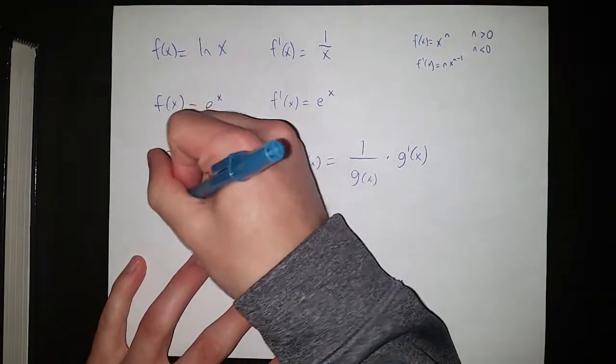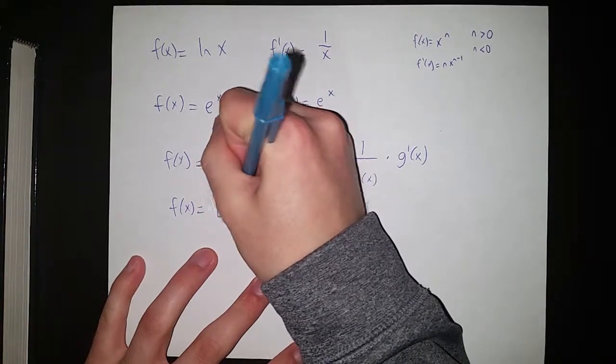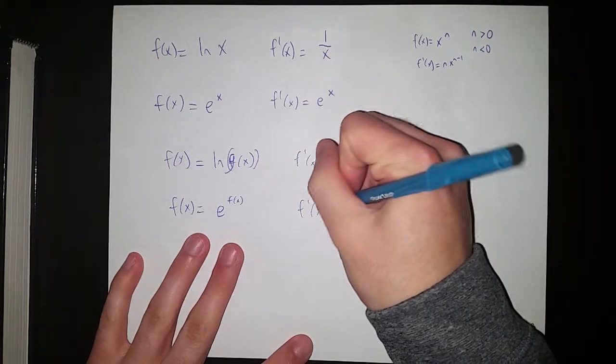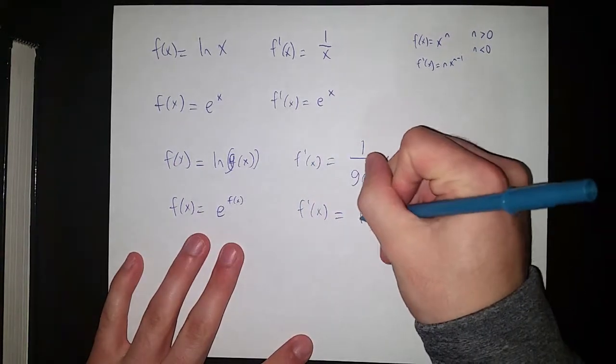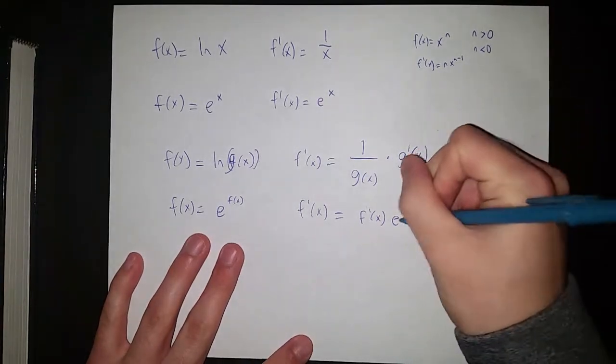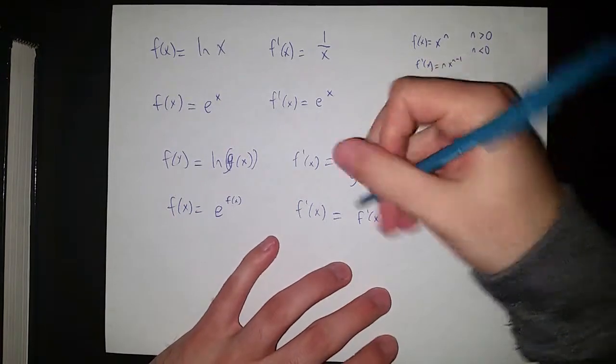And then if f of x equals e to the g of x, then that equals g prime of x times e to the g of x. And we'll get into this in another video, but this is essentially the chain rule.